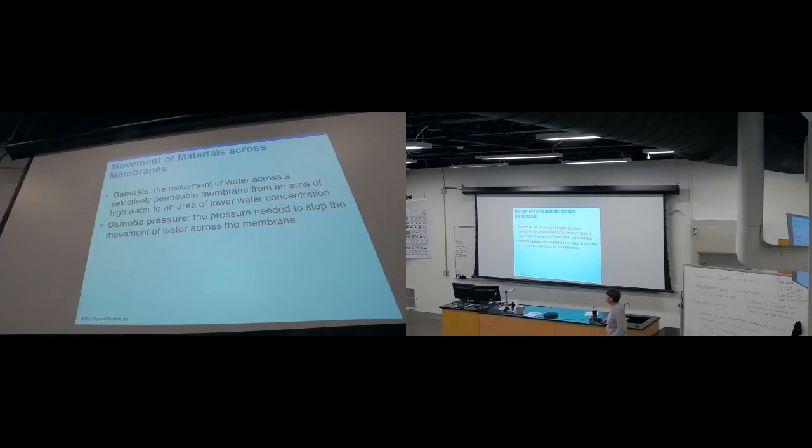So that's facilitated diffusion. Now, in the case of osmosis, osmosis is the transport of water from an area of high concentration of water to low concentration of water, or from an area of low concentration of solutes to high concentration of solutes. The purpose of water movement is to achieve isotonicity, basically having the same concentration of ions between compartments.